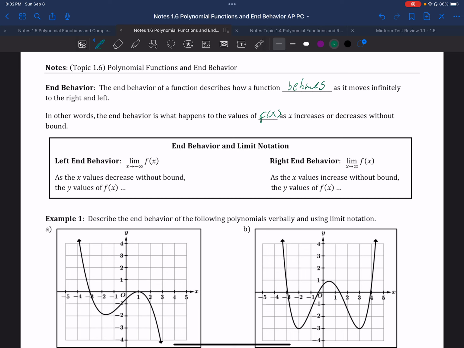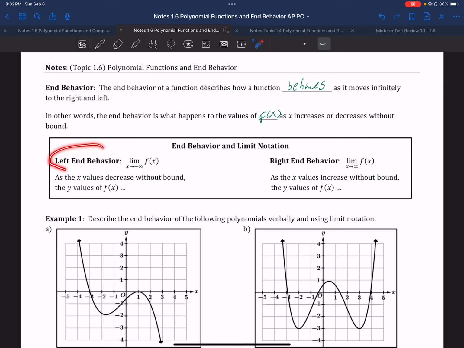So we have some end behavior and limit notation that we need to learn about. You will read this as the limit as x approaches negative infinity of f of x, and then you'll say is equal to, and then your answer.